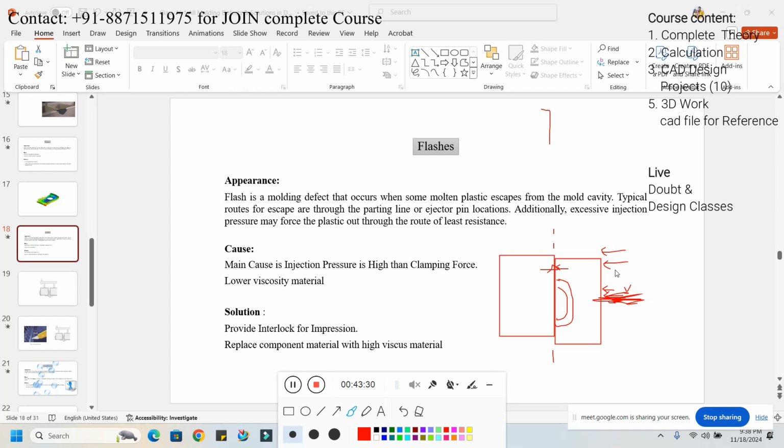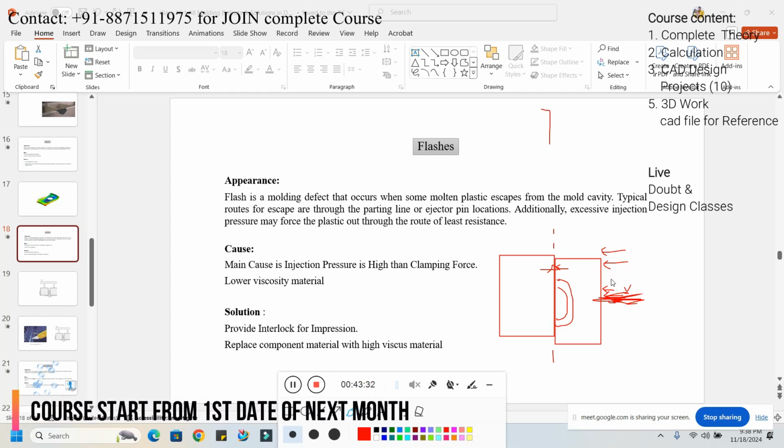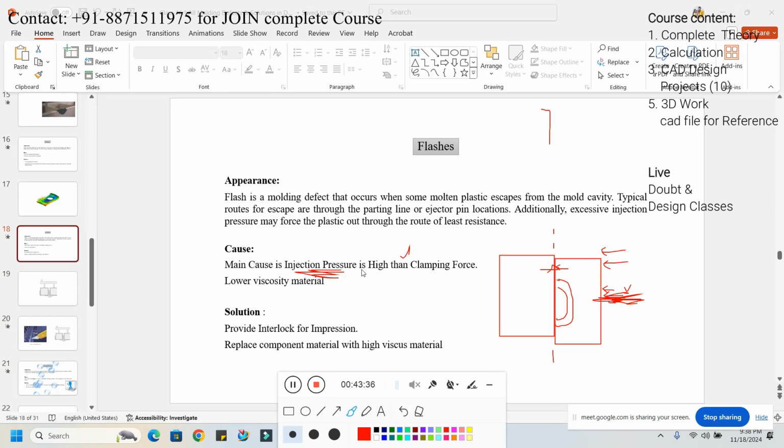It should be properly clamped, right or wrong? But if the injection pressure is higher than the clamping force, for example by 0.1 percent, what is happening here? It will create a jerk, so that's why material will come out from the parting line.